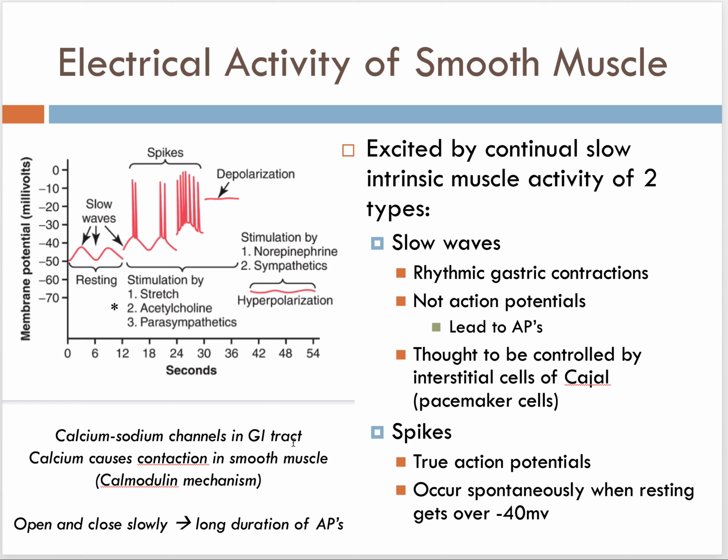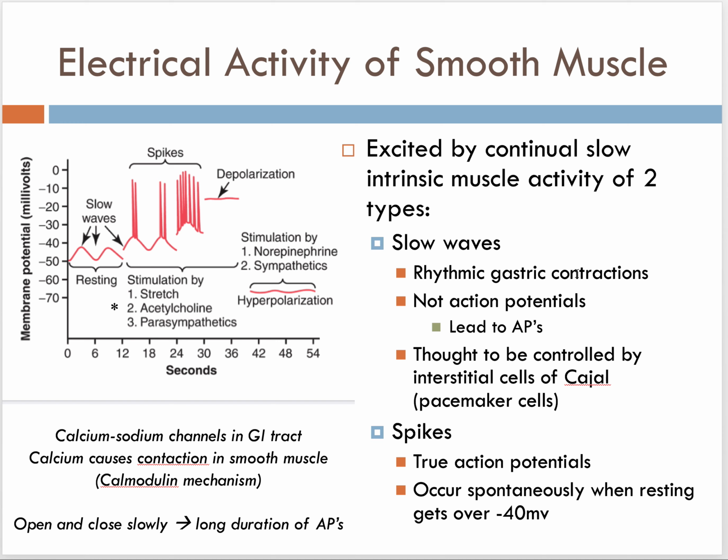Remember, this is smooth muscle. So when we learned about smooth muscle in Phys 1, you learned about the calmodulin mechanism and how calcium coming in combines with calmodulin to contract smooth muscle in a very slow and long-lasting manner. So slow opening channels, long duration action potentials, those are what normal baseline activity of smooth muscle looks like.